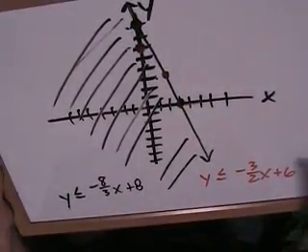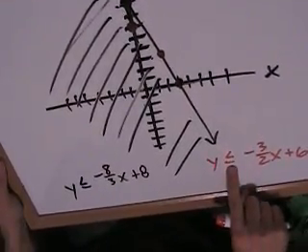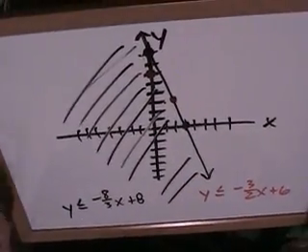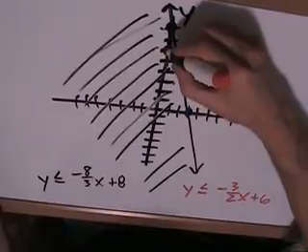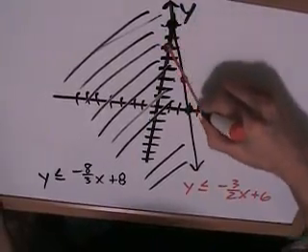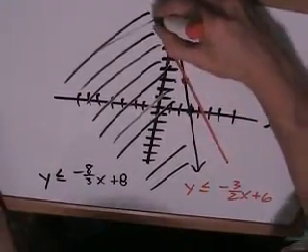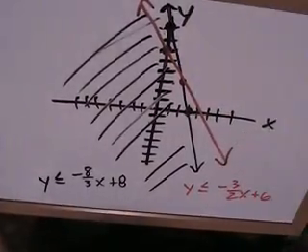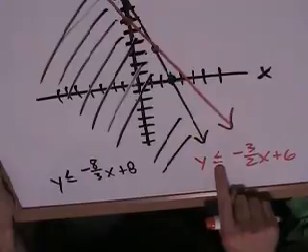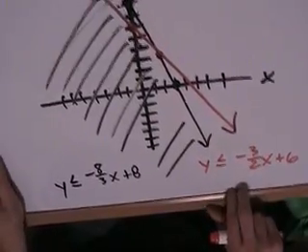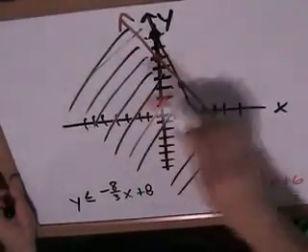Again, because I have equality, the line I connect these with is going to be solid. In terms of the shading, since this says less than or equal to, I'm going to shade everything that's underneath the red.